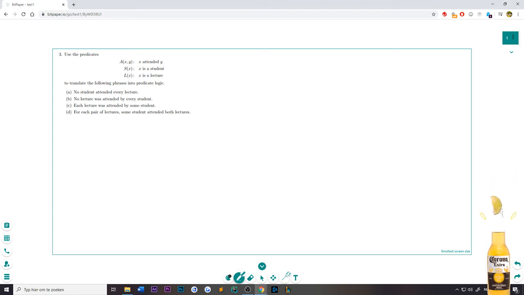One second. So if you think about it, what this is actually saying is that for all students, there's not a single student which attended every lecture. So naturally, you want to start off with for all x, where x is a student, okay?